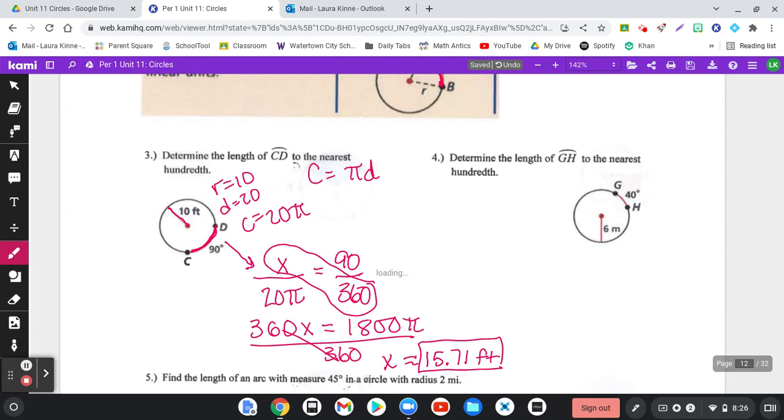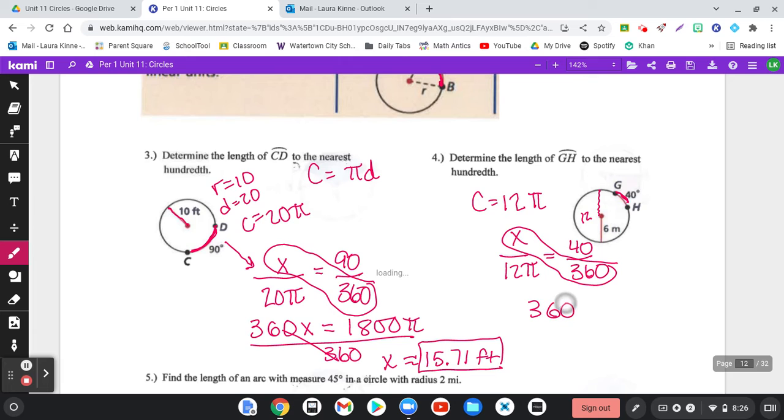It's like perimeter. Okay, so your diameter would be 12, so your circumference is 12 pi. So x over 12 pi equals 40 over 360. Cross multiply. 40 times 12 pi is going to be 480 pi.